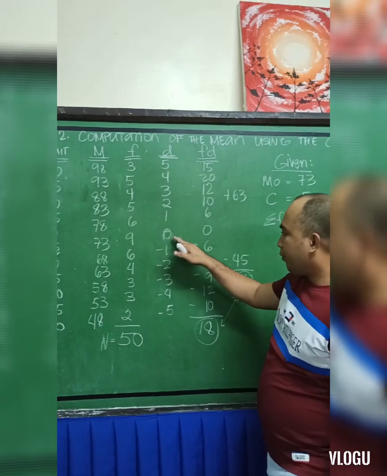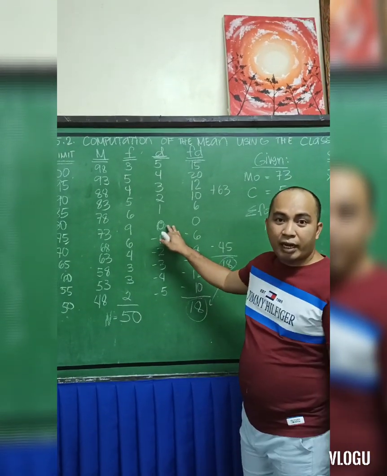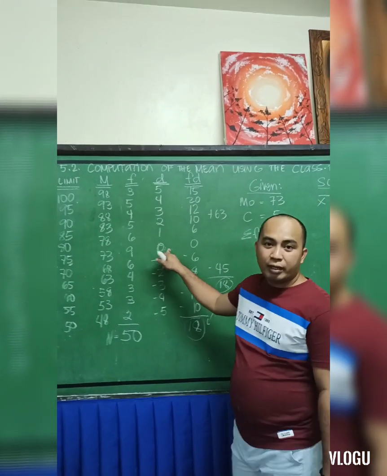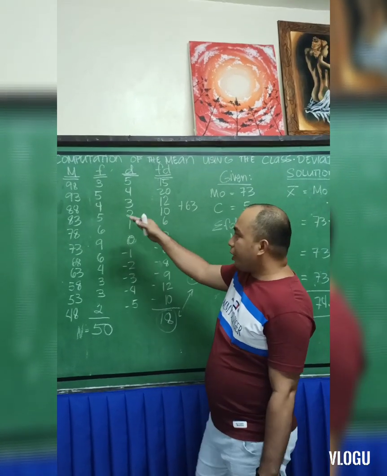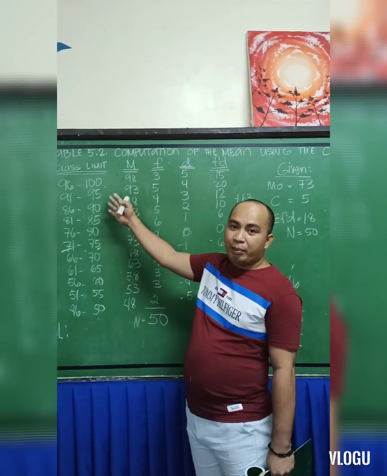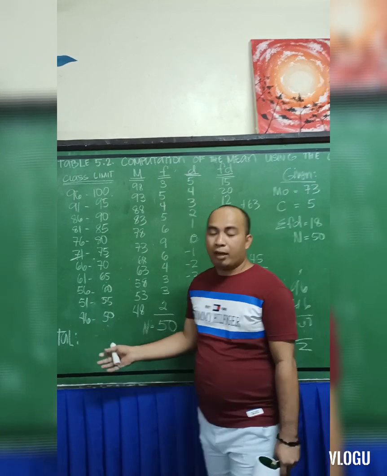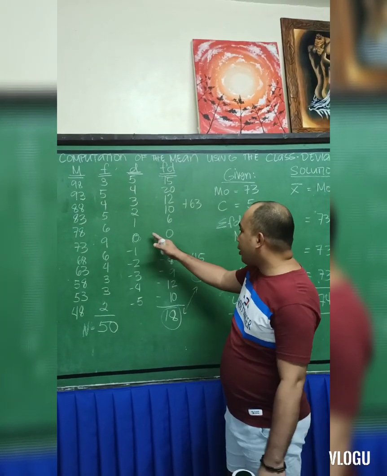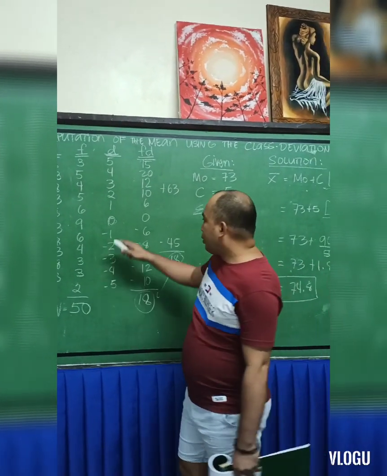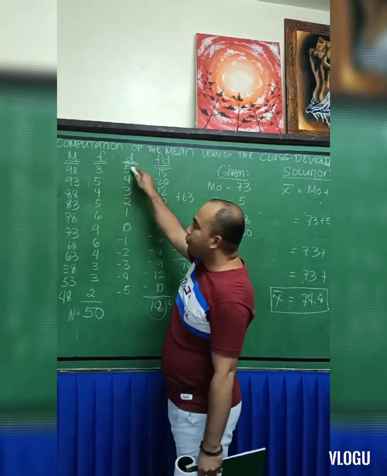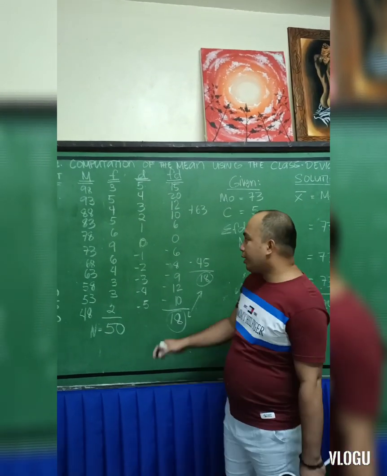So the deviation should start with number 0. If the class limit is arranged from highest to lowest, above 0 the deviation is positive. So we have 1, 2, 3, 4, 5. So it's positive.